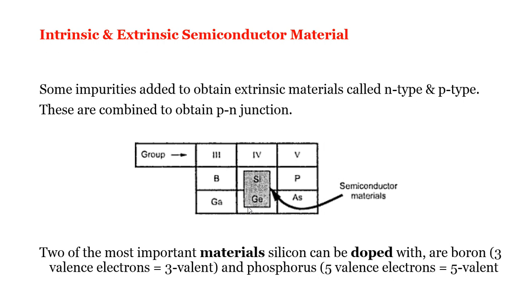The examples for trivalent impurities are boron and gallium, and for pentavalent impurities are phosphorus and arsenic. If you add these impurities to the intrinsic semiconductors, we can get the extrinsic semiconductor materials. Thank you.